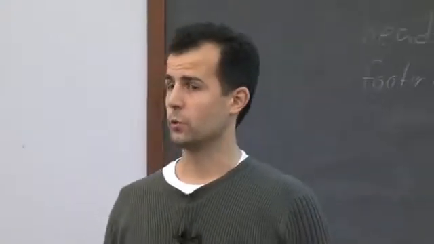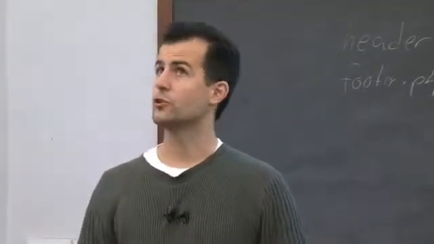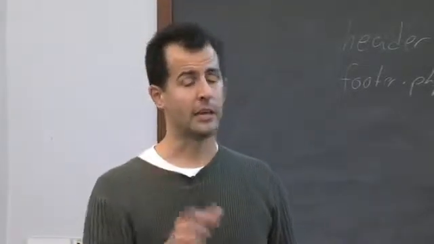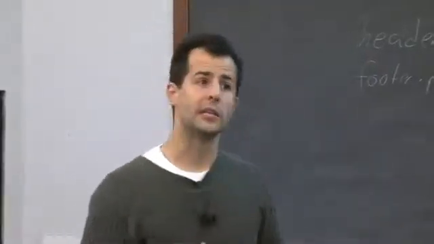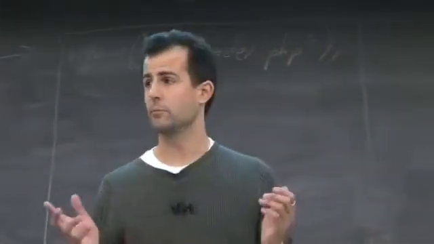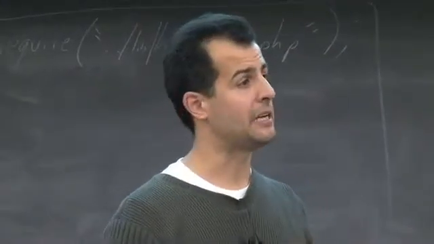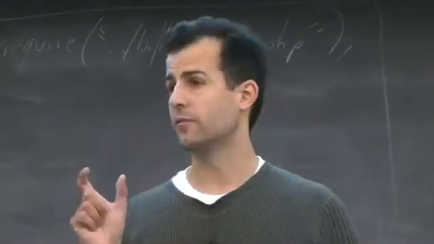So the SimpleXML API that we started using last week, it allows you to use the bracket notation to get at attributes, and it allows you to use the arrow notation to get at child elements. It's actually doing this thanks to really neat tricks that PHP provides. SimpleXML is the name of a class, it turns out, in PHP. And any class in PHP can have certain special functions defined inside of it.